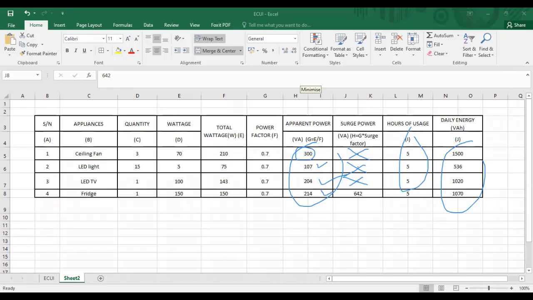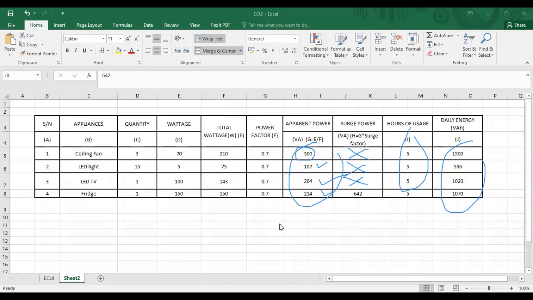Somebody asks, can I explain the practical implication and application of power factor? For a distribution company, if your power factor is below 0.8, there is what we call the maximum demand charge. It has been taken away in some places, but some countries have it.